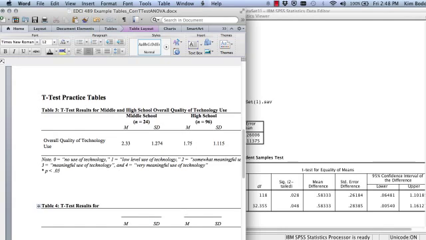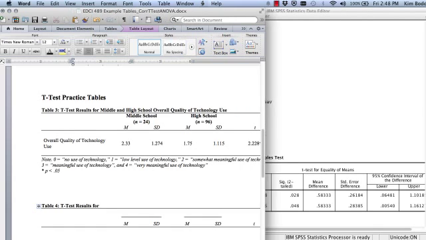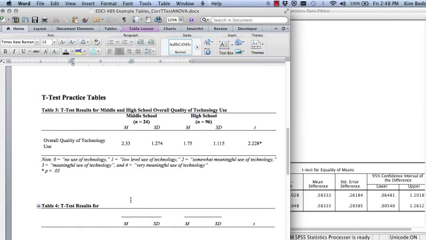This table has a pretty specific, let me make it a little bit bigger, has a pretty specific layout. So the row is the dependent variable, so the overall quality of technology use. There's only one row in a t-test if you format it the way that we have right here. The columns are your two groups, middle school in this case, the number of observations, high school, number of observations, and then you put the mean and standard deviation for each group.